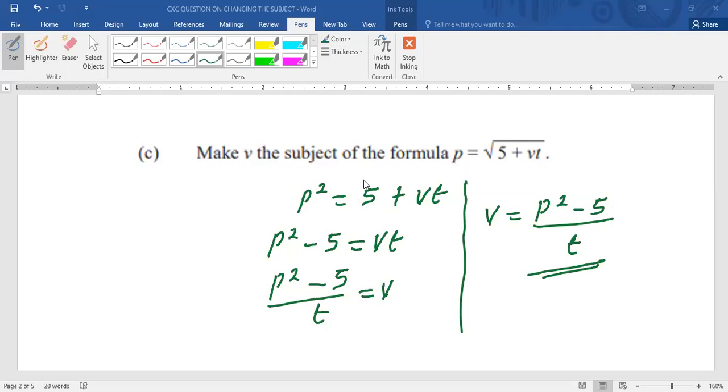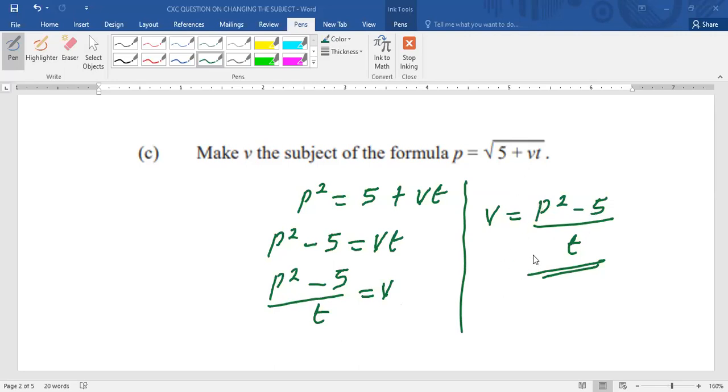The 5 here is adding, so the opposite is negative. So p squared minus 5 is equal to vt. Then the next thing, we get rid of the t. The t is multiplying, and the opposite of multiply is divide. So we get p squared minus 5 over t is equal to v. So v is equal to p squared minus 5 over t. This is the answer we are looking for.